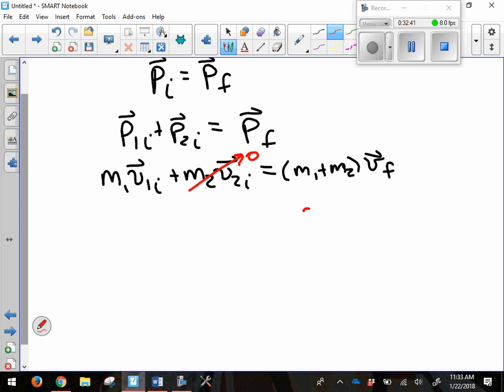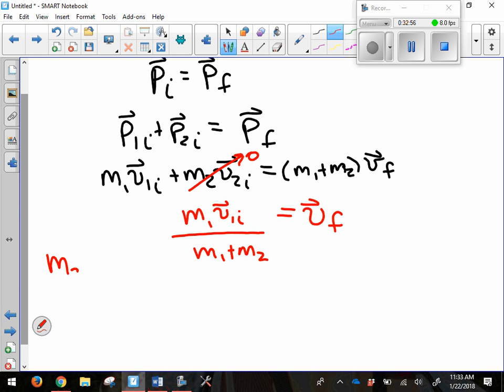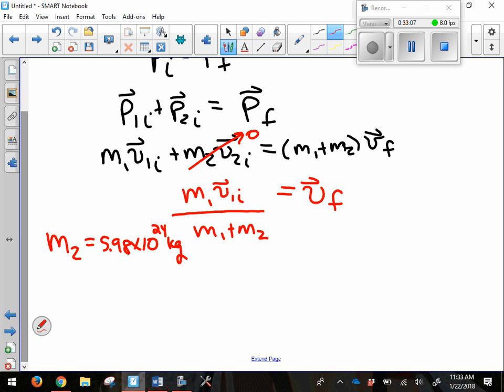So if what I'm looking for is vf, that's going to be m1 v1i divided by the sum of the masses. And in case you forgot, the mass of the Earth is 5.98 times 10 to the 24th kilograms. I'd make you look it up, but I'd like to finish this problem before the bell rings.